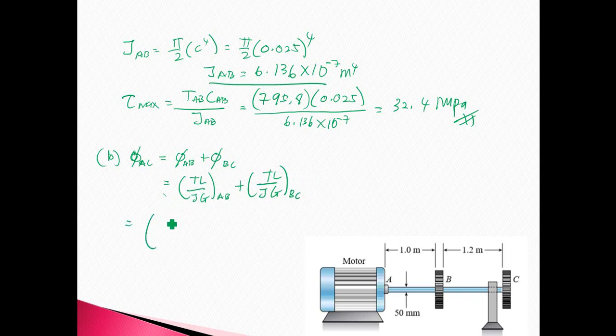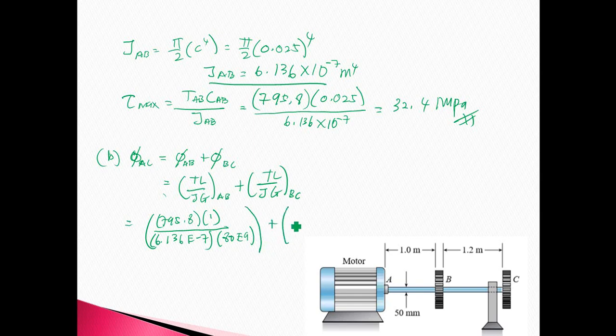T for TAB equal to 795.8, and then multiply by L, the length AB, equal to 1, divided by J equal to 6.136 exponent minus 7, and then multiply by G. G is equal to 80 exponent 9, gigapascal.